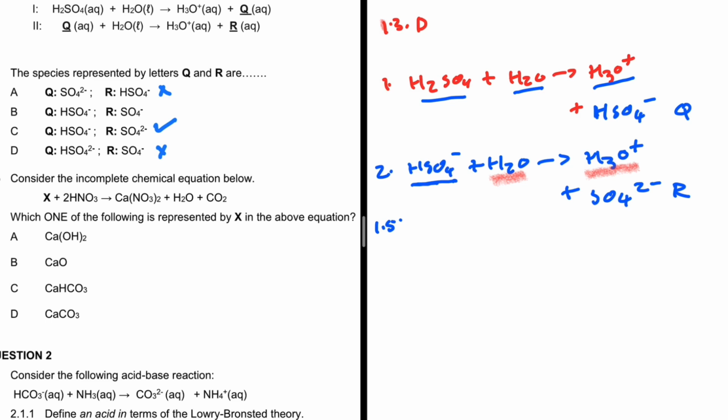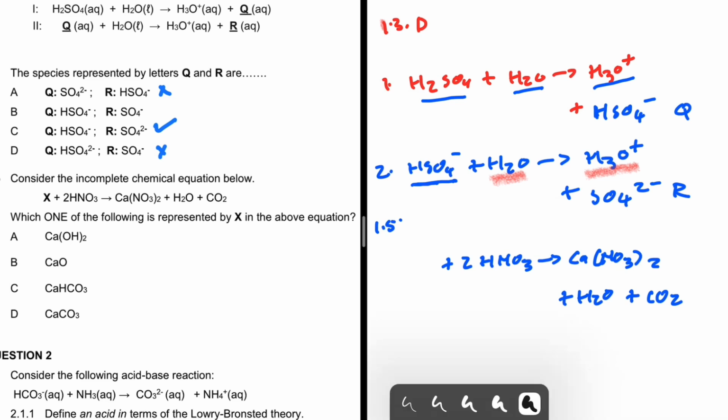We have some X plus 2HNO3 to give us Ca(NO3)2 plus H2O plus CO2, right? I think this is quite easy. It is easier than it looks because we can just use brute force here. Let me show you what I'm talking about.